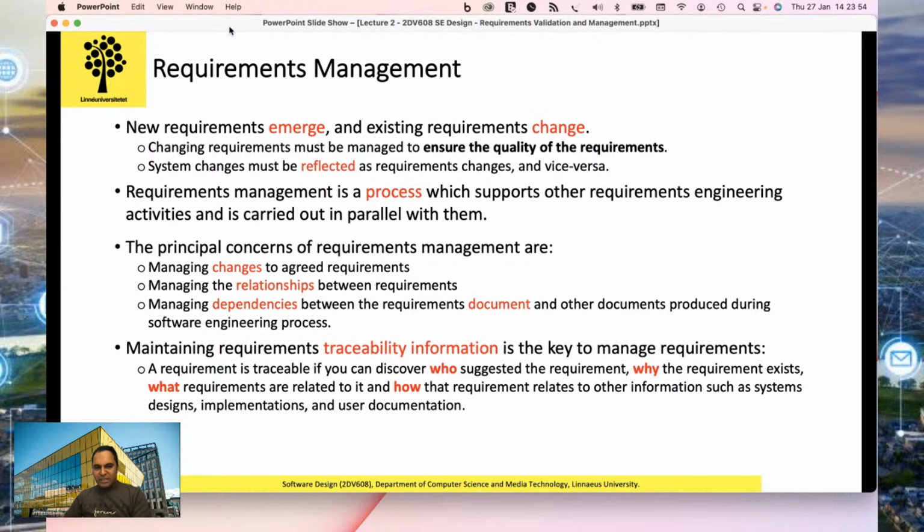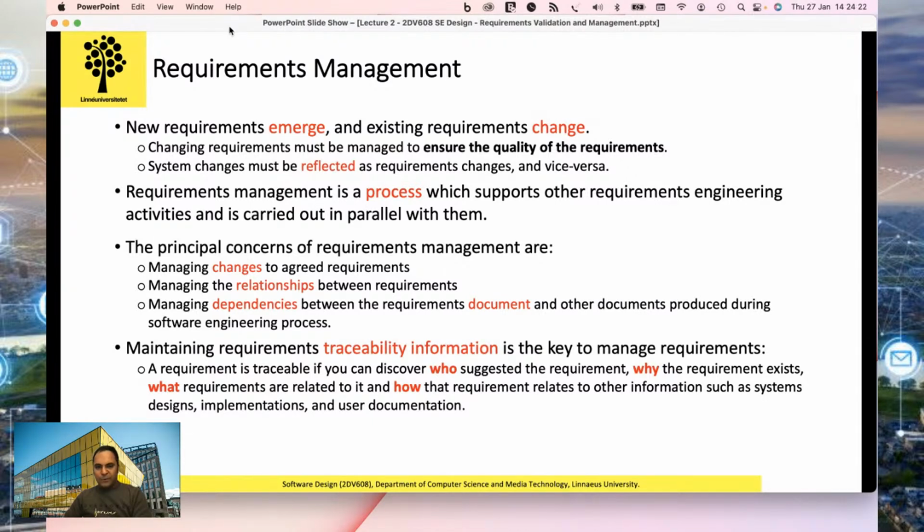While managing these dependencies or relationships, maintaining the traceability information is key, because if we cannot trace requirements across various documents and processes, it's very easy to get lost or to lose your requirements.